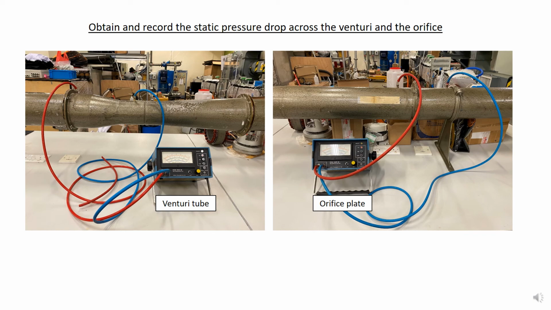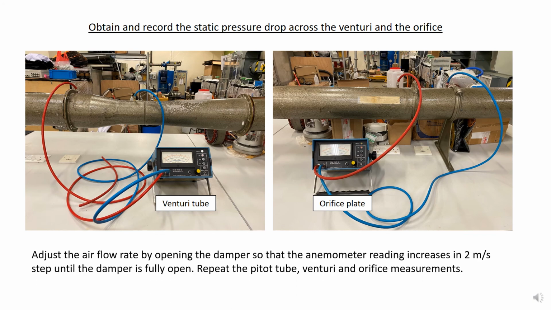And after all this work has been done, we need to adjust the airflow rate by opening the damper so that the anemometer reading increases in 2 meters per second steps until the damper is fully open. Then repeat the pitot tube, venturi, and orifice measurements.